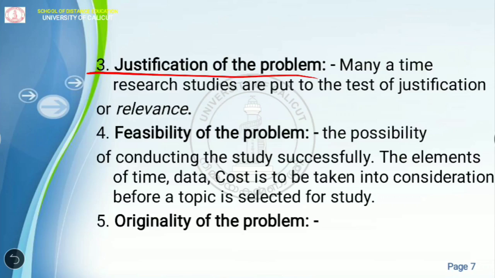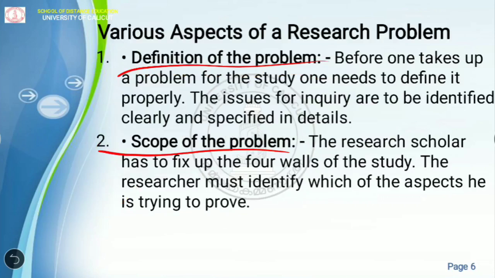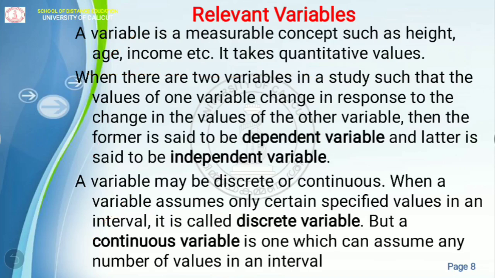Then originality of the problem. All these are the aspects of a research problem. Then the relevant variables associated with the research. A variable is a measurable concept, something that varies. So height may be a variable, age, income, all may be variables.